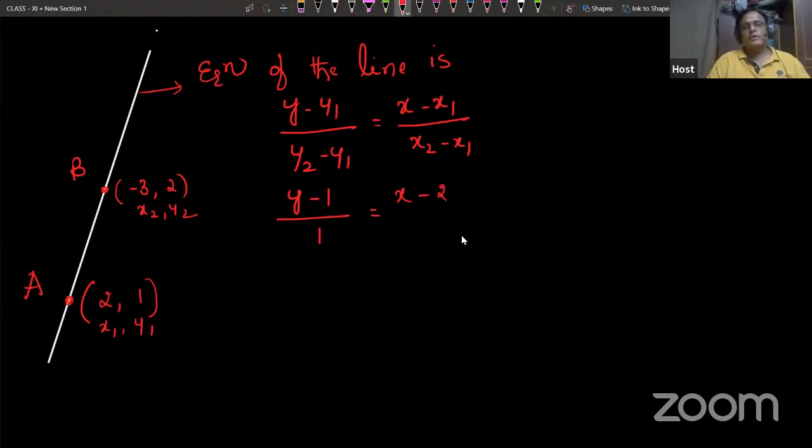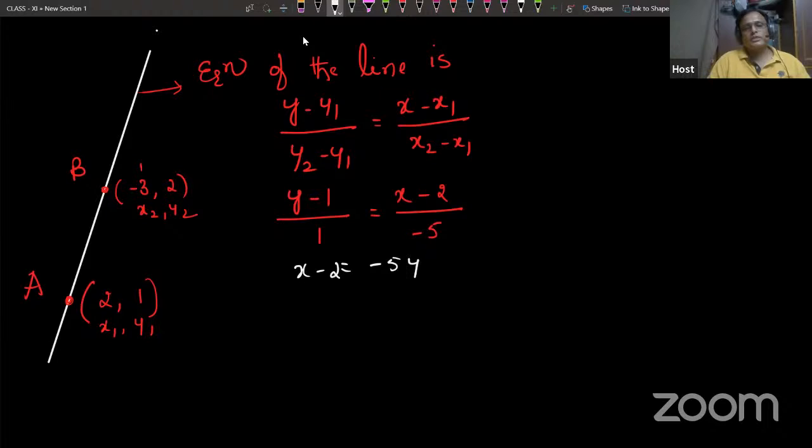Upon x2 minus x1: x2 is minus 3, minus 3 minus 2, minus 5. Now we'll simplify this. That's all. x minus 2 is equal to minus 5y plus 5.